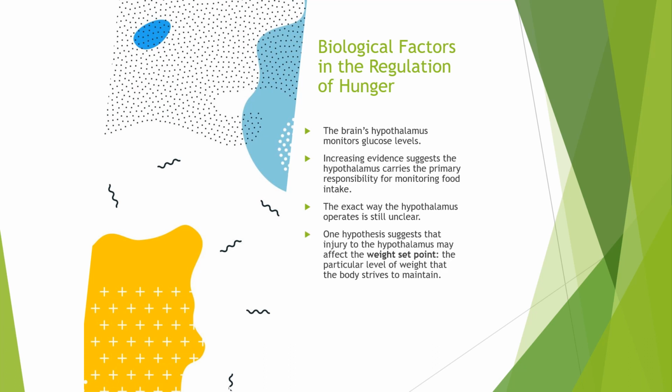One hypothesis suggests that injury to the hypothalamus may affect an individual's weight set point. What we mean by that is that there is a particular level of weight that the body strives to maintain. So this belief is that each of us has this weight set point that is determined.